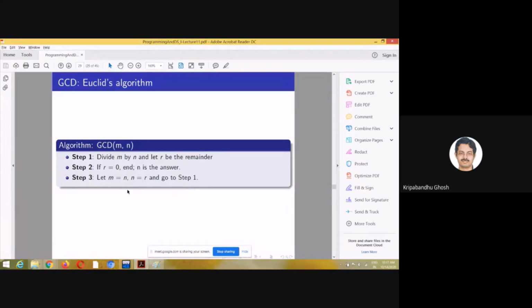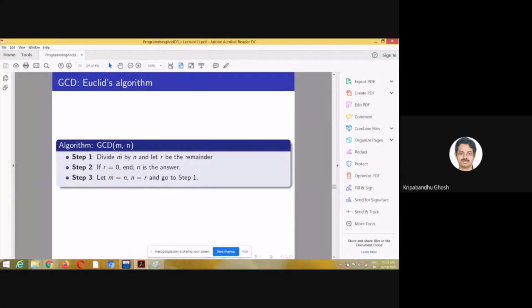So what is the basic motivation behind doing this? It doesn't sound very intuitive, right? What is exactly happening inside? This can be proven: when you reach r equal to 0, at that time n would have divided m.